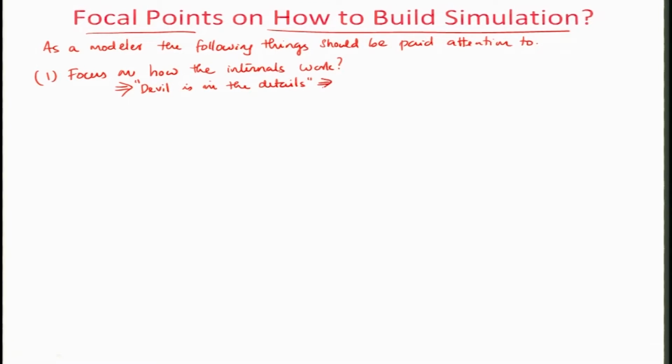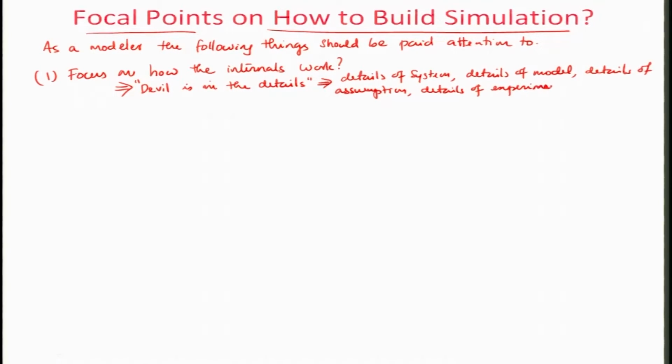That means details of the system, details of the model, details of assumptions, details of experiments, etc. So, what we are saying here is that you should focus on the internals: the different details of the system, how the simulation model and each sub module, each aspect of the simulation, is working.